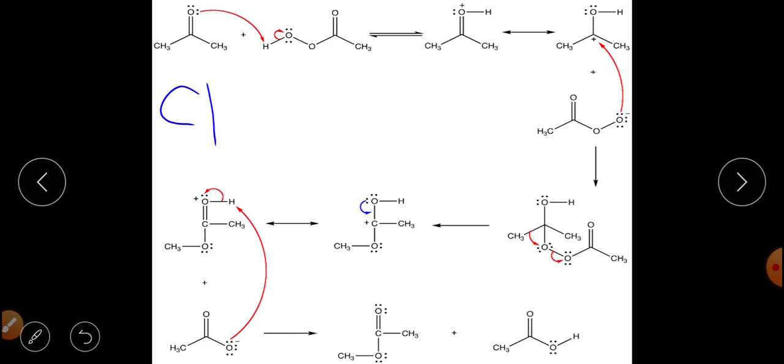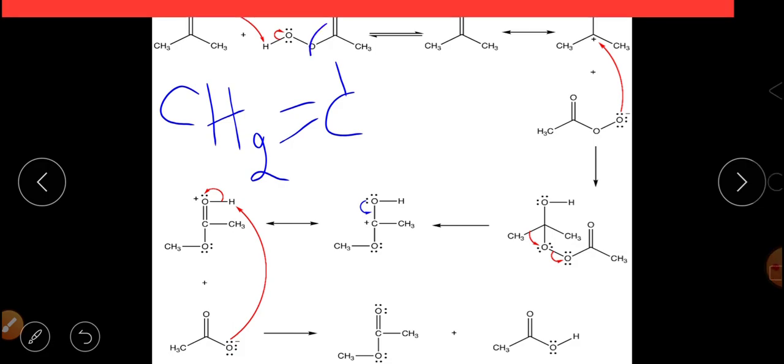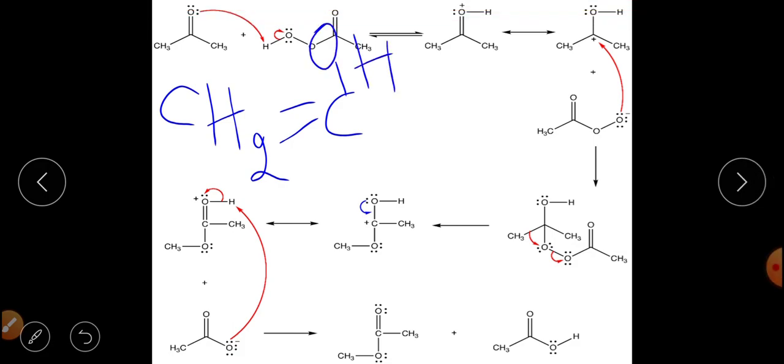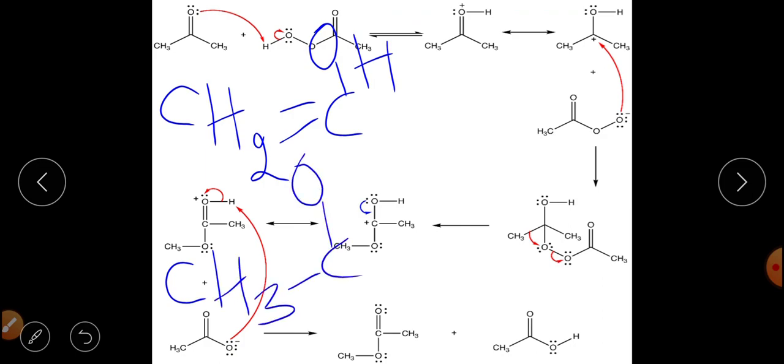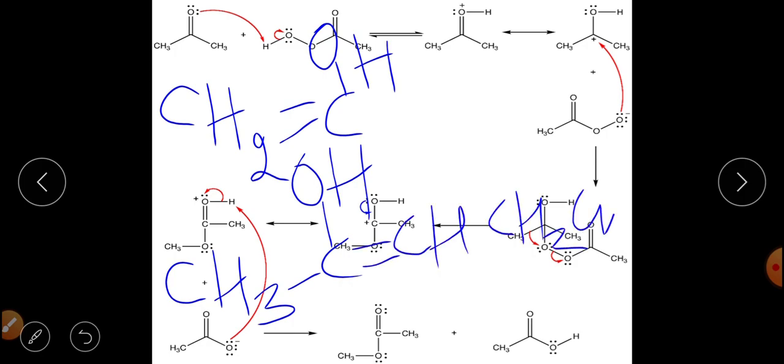We can get this particular type of enol, and we can also get this type of enol as well. Whichever enol is stabilized, the reaction will happen from that enol only.